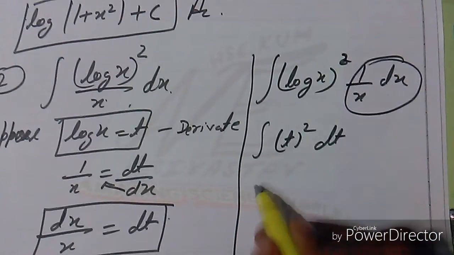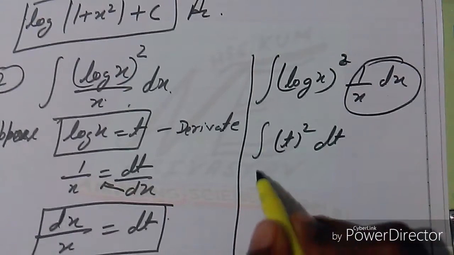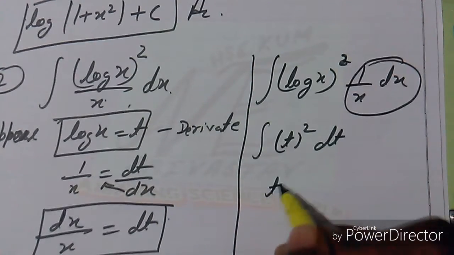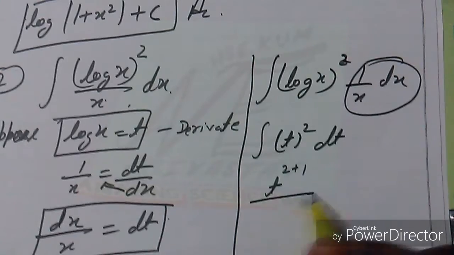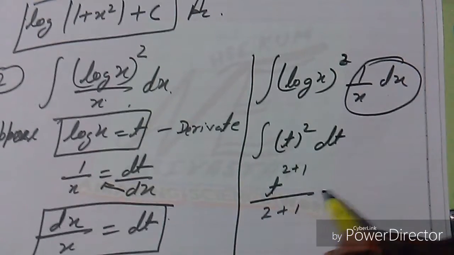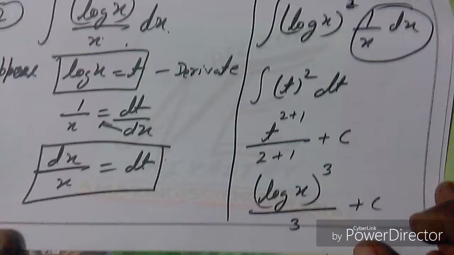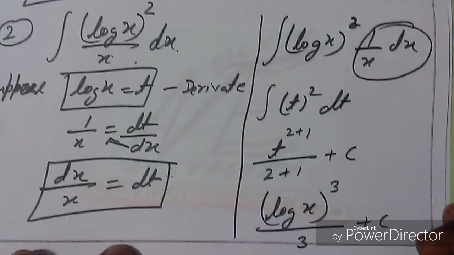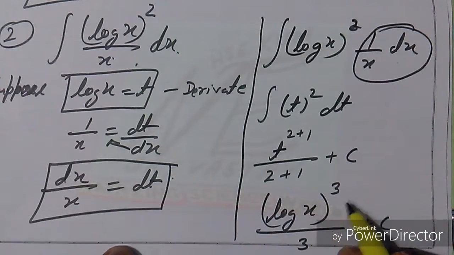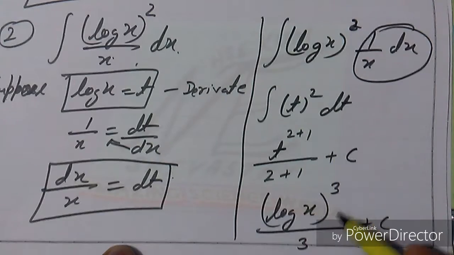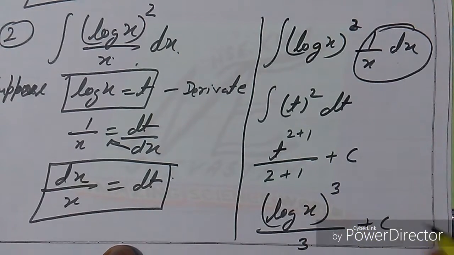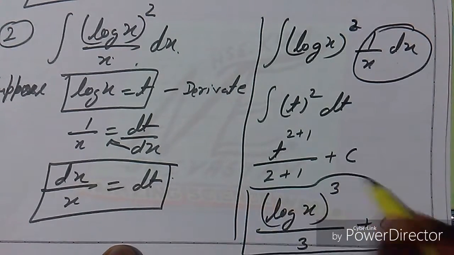Now integrate it, so much easy now. Then the integration of t square is t to the power 2 plus 1 by 2 plus 1 plus c. So friends, now put the value of t, that is log x, and 2 plus 1 is 3, so log x whole cube by 3 plus c. So friends, and solve.